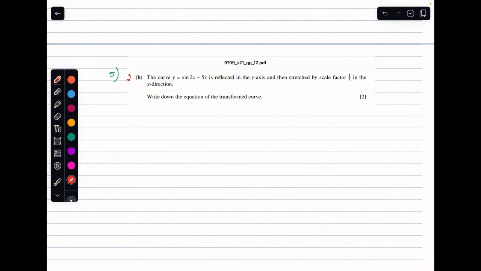The question says the curve y equals sine 2x minus 5x, this is reflected in the y-axis and then stretched by the scale factor 1 by 3 in the x direction. These are the keywords that we should be knowing. So write down the equation of the transformed curve.